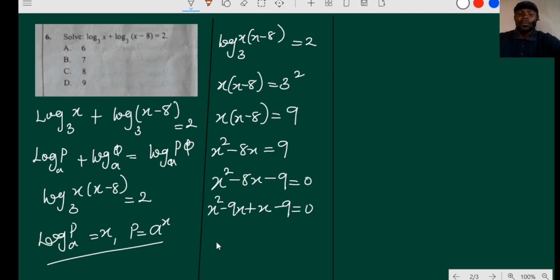So x squared minus 9x plus x minus 9 is equal to 0.